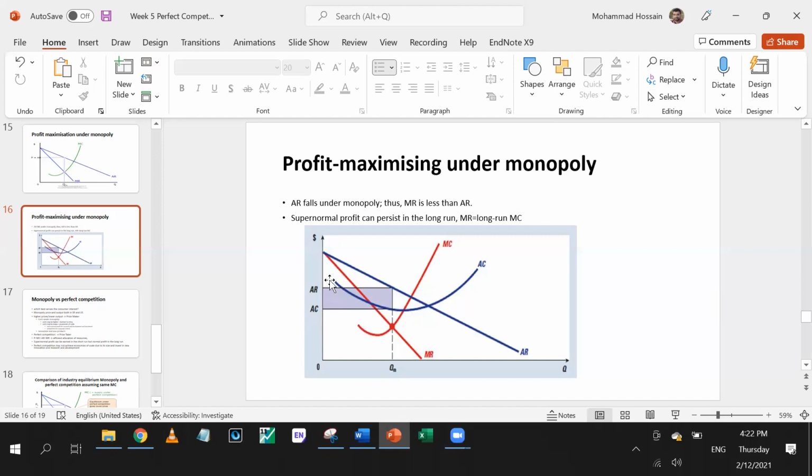If this company produced according to the efficient level, they would have to produce at this point.